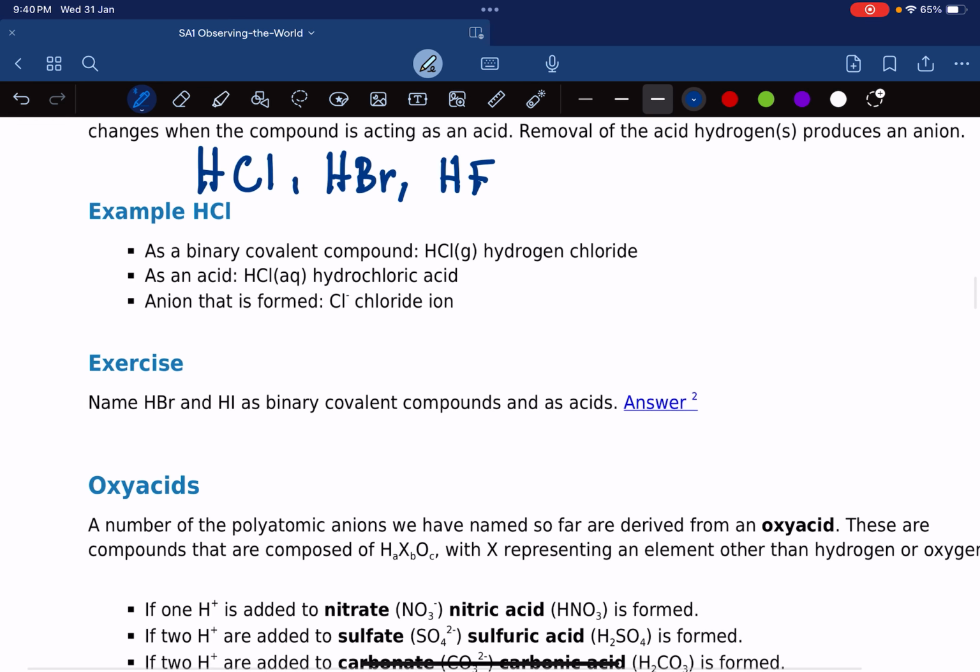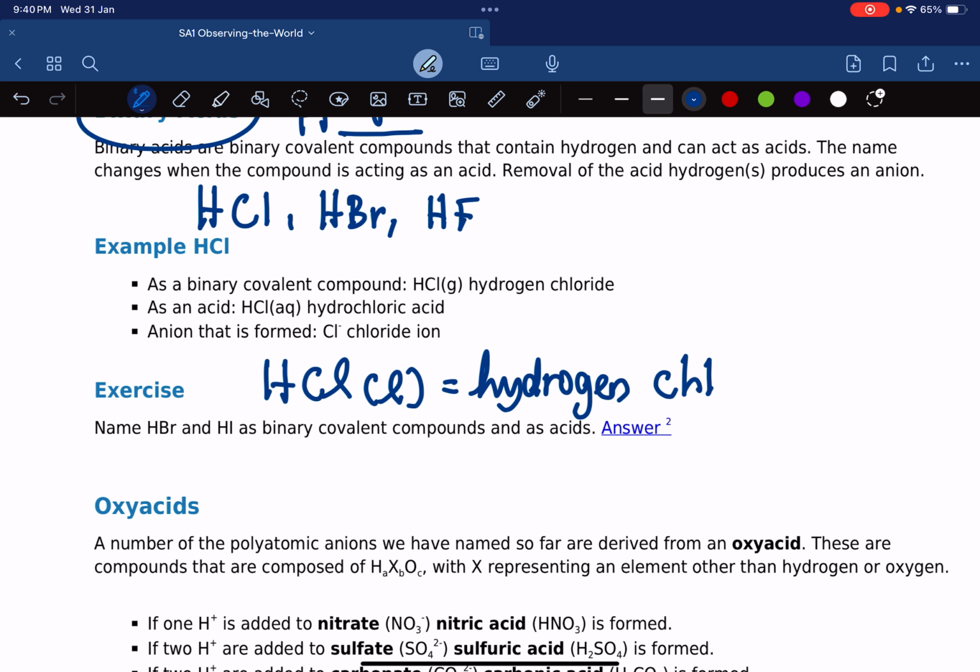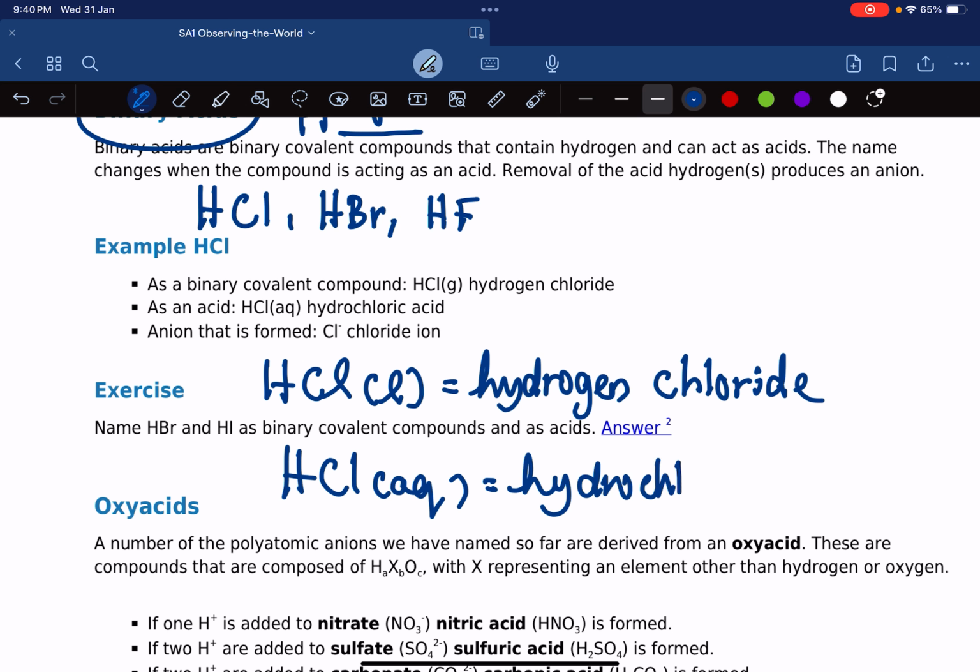Now, if it is HCl liquid, then we call this hydrogen chloride. If it's HCl aqueous, then we call this hydrochloric acid.